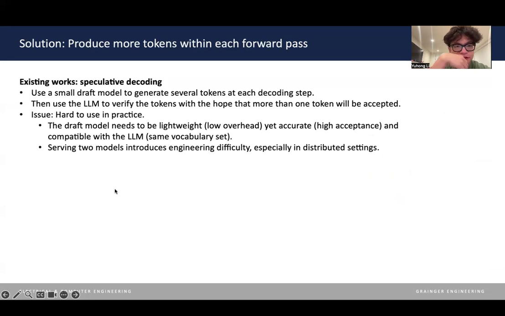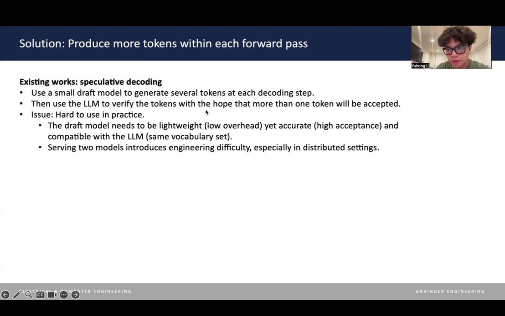There are some existing works which we call speculative decoding. They use a very small draft model to generate several tokens at each decoding step. Because a small draft model is very fast, being computation bound, not memory bandwidth bound, we use its outputs as guess tokens and feed them to the large language model.